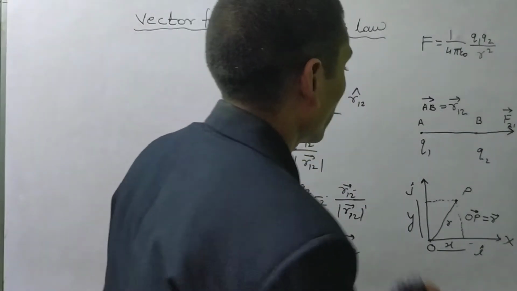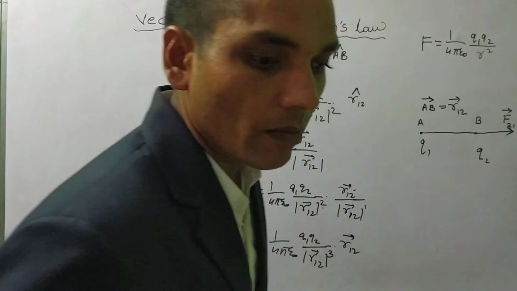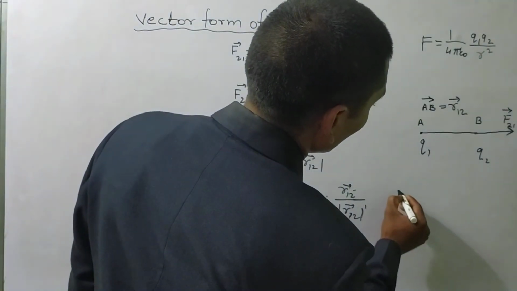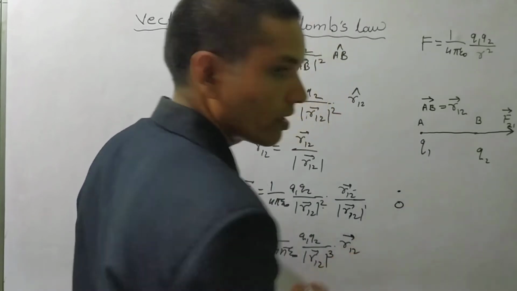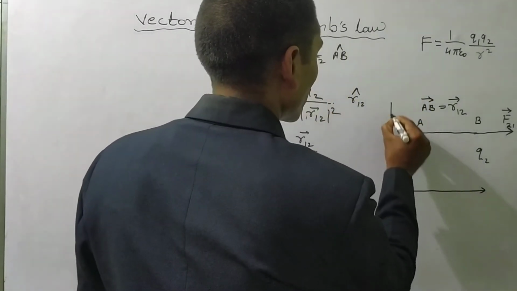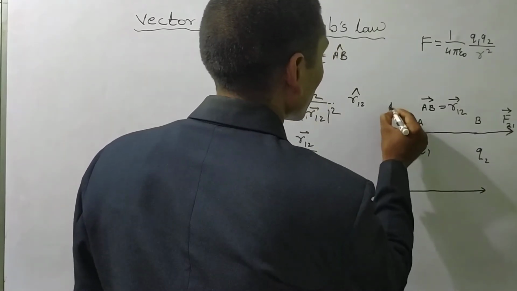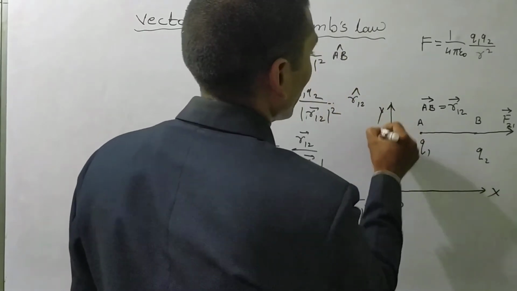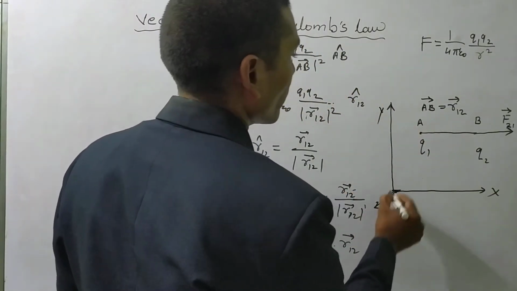How? Consider the three-dimensional coordinates. Let this be the origin point, this is the x-axis, this is the y-axis, and this is the z-axis. This is the origin point.